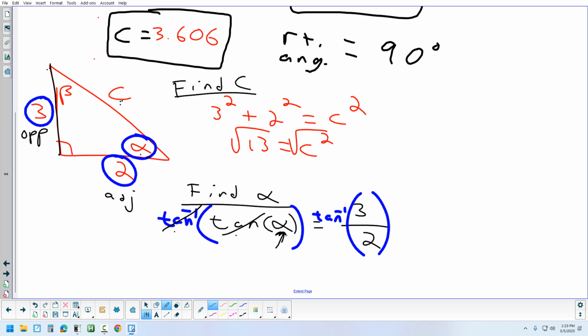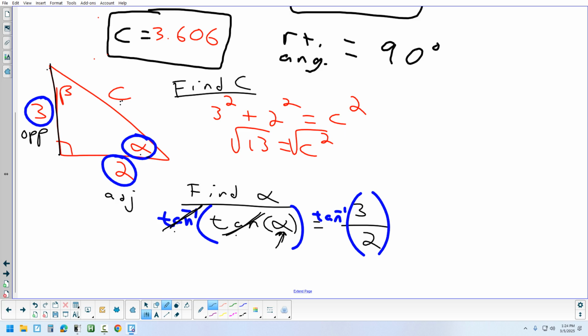How do I know that this is between negative 90 and 90? Well, I haven't solved it yet, but I can tell you that I can cancel these. Is it because it's a right triangle and the two angles other than 90 add up to 90?